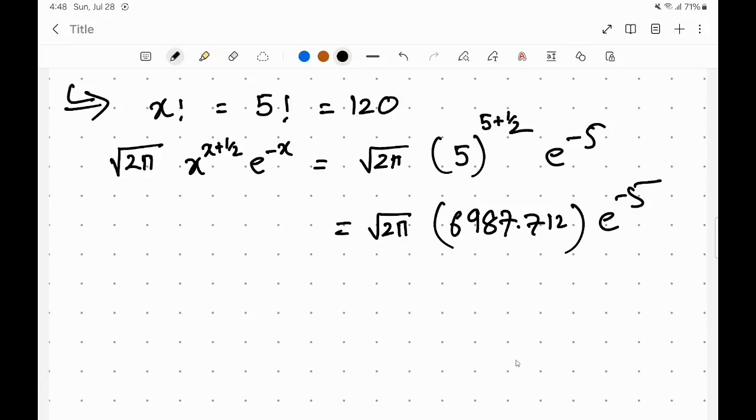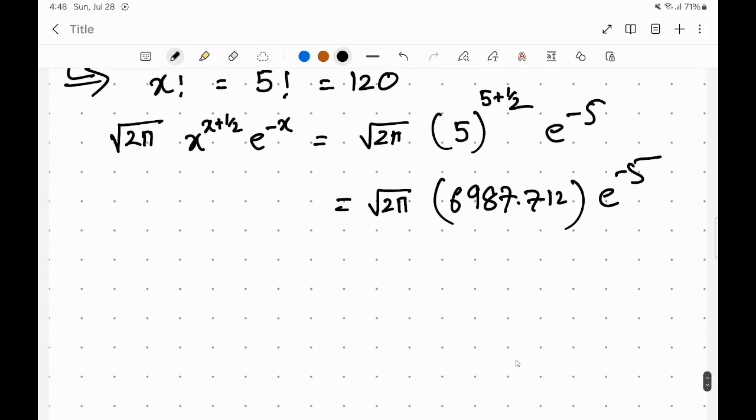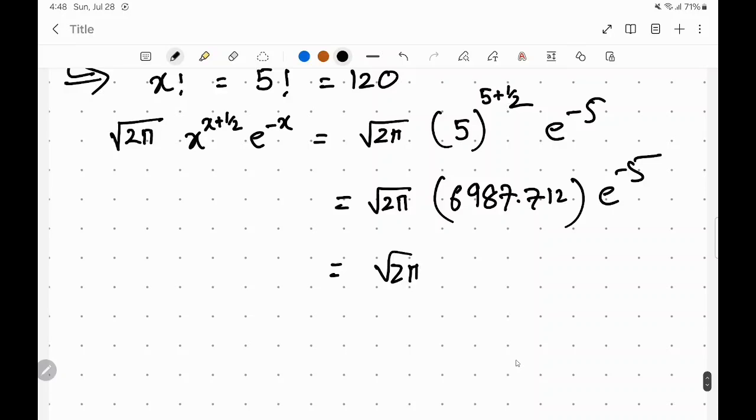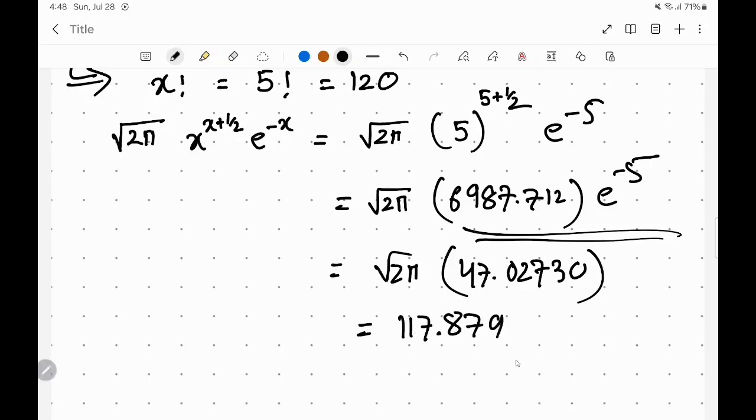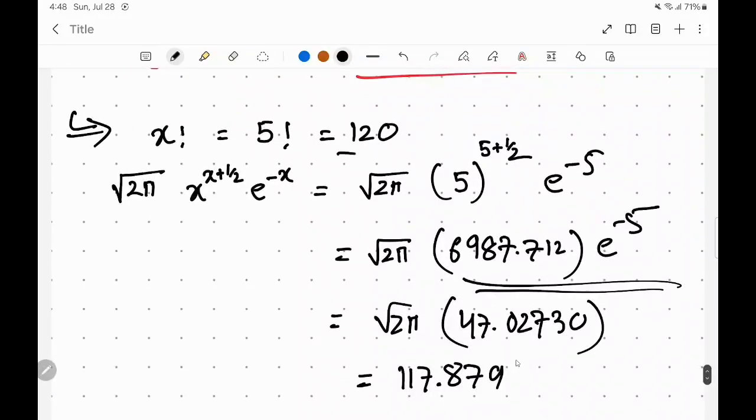So the multiplication will give us 47.02730. Now multiply it with root over 2 pi, so it is 117.87. So now you can see this value is very close.